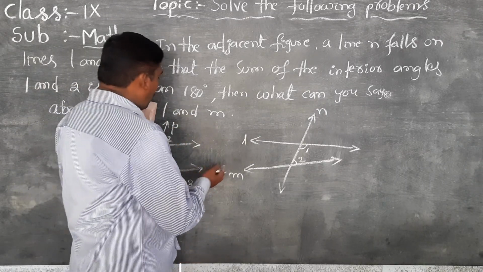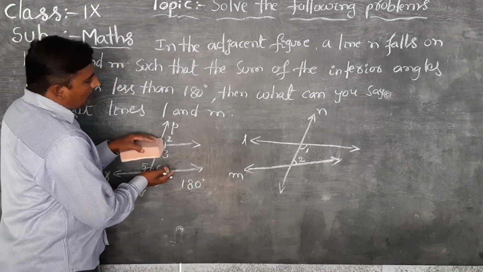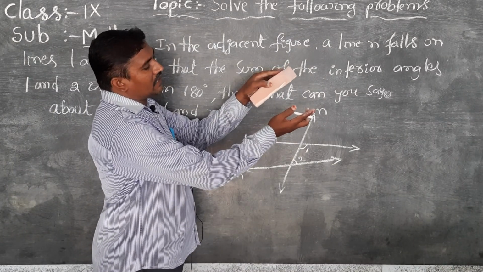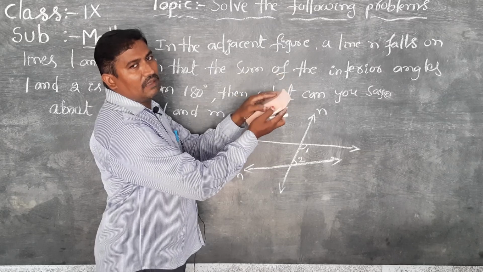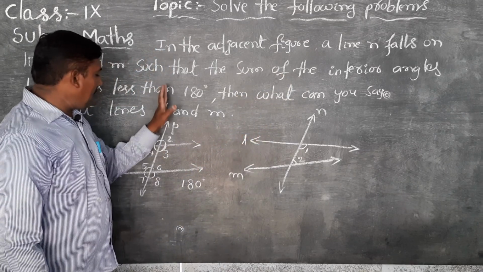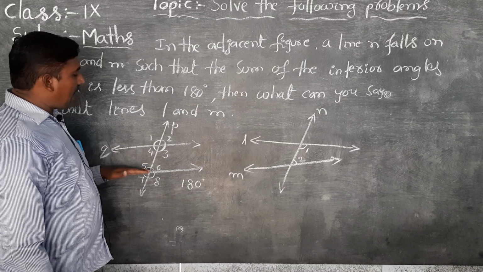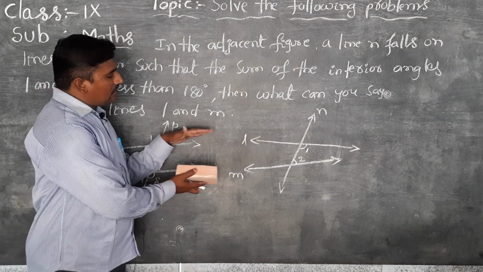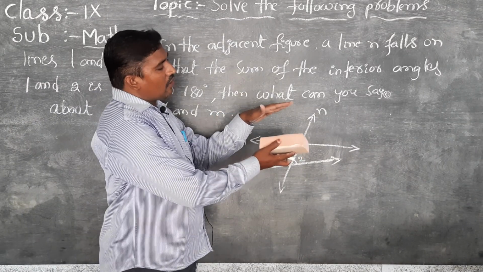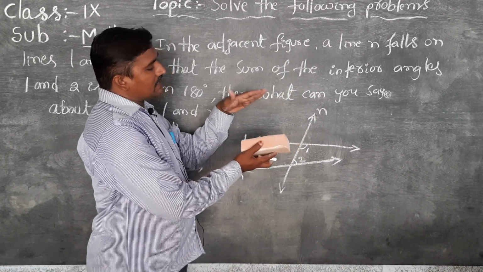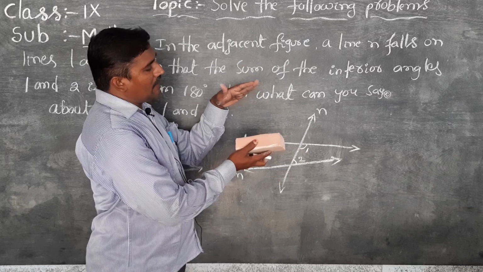Here 180 degrees means the two lines go on, not intersecting anywhere. When P is a transversal, Q and R are parallel, both going like a railway track, going on and on, not intersecting anywhere. Why? Because in between, the same angle is there.